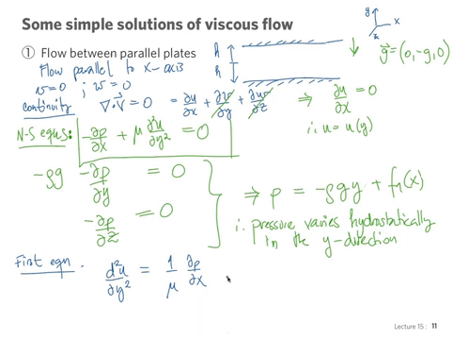So I integrate once, and I get du dy is equal to 1 over mu dp dx times y. Again, it's a linear function plus a constant, c1.